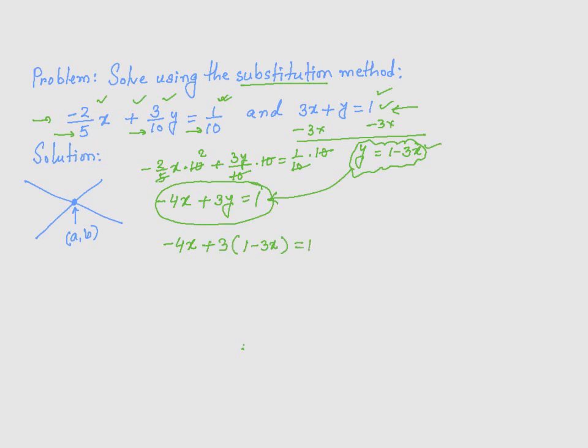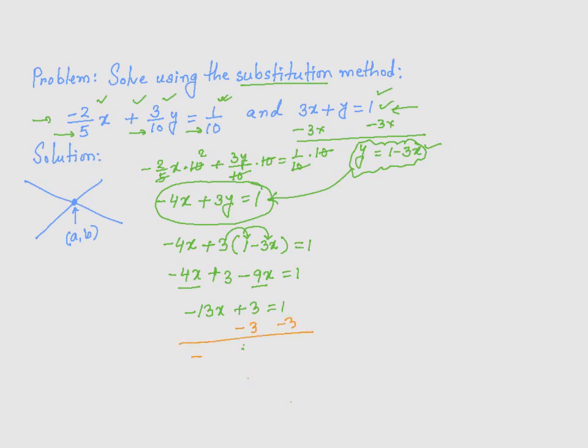Now I use the distributive property, so negative 4x plus 3 times 1 is 3, then 3 times negative 3x is negative 9x, is equal to 1. So negative 4x minus 9x is negative 13x, plus 3 is equal to 1. Now I subtract 3 from both sides.